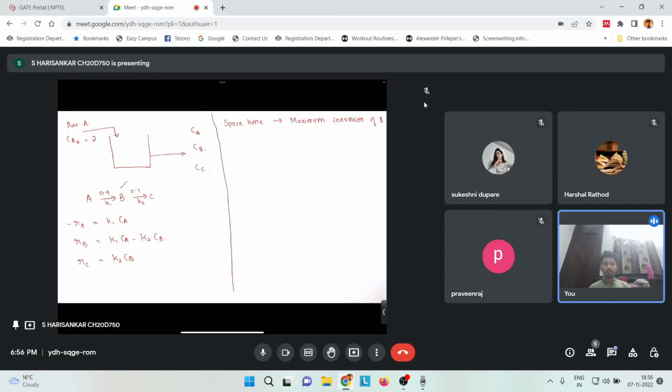So by concept, this means they are referring to the optimum time. In a series reaction, we have seen the graphs: if this is the concentration of the intermediate product, the optimum time is the time at which the concentration of this Cb will be maximum.